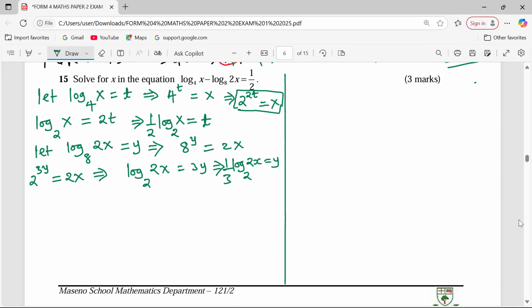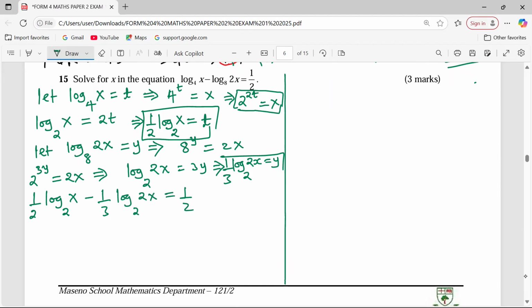Instead of log of x to base 4, we had let it be t. So it shall be half the logarithm to base 2 of x minus, instead of log of 2x to base 8, we now replace it with this: minus a third the log to base 2 of 2x. That is equal to half.